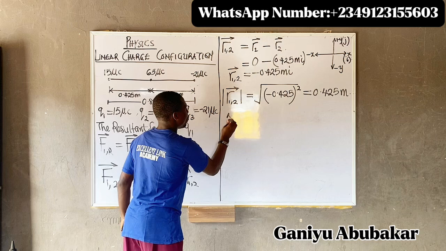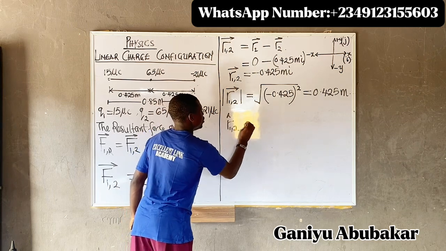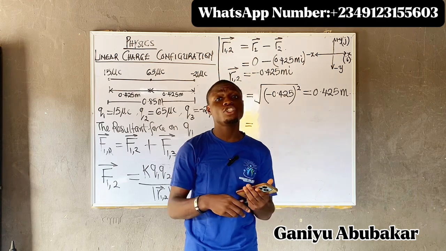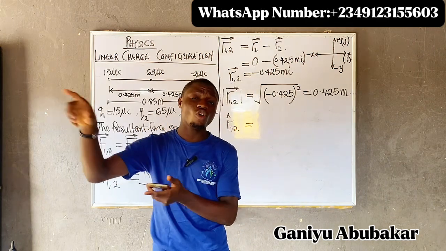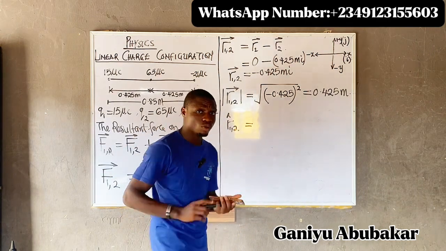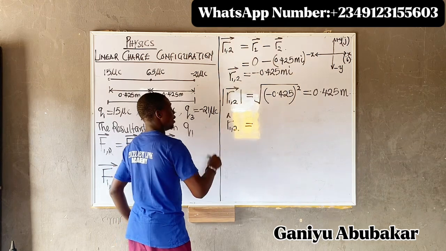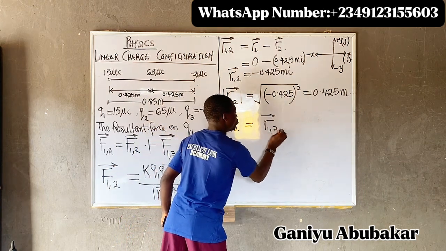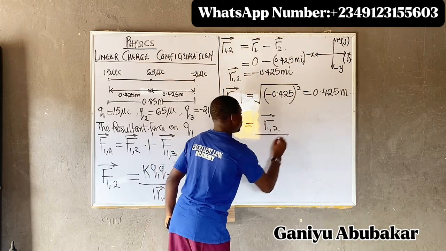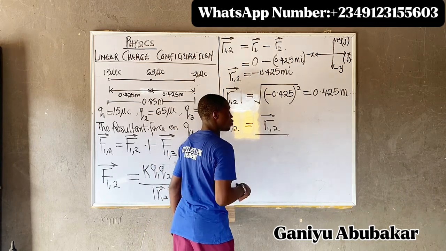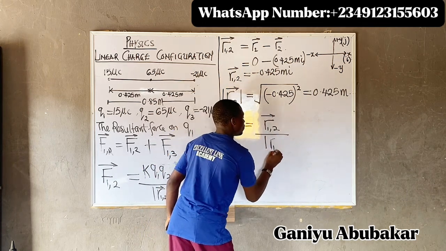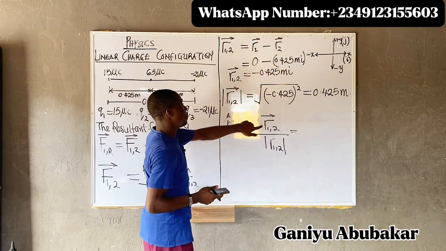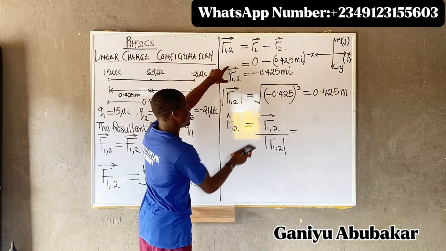So the unit vector of R12 is equal to, from vector, its unit vector is simply the ratio of the position vector all over the magnitude of the vector. This man here is equal to the position vector, that's your R12 in this form, all over the magnitude of that vector. So the magnitude of R12. Please check, what is this value here? Of course, these are the same thing.